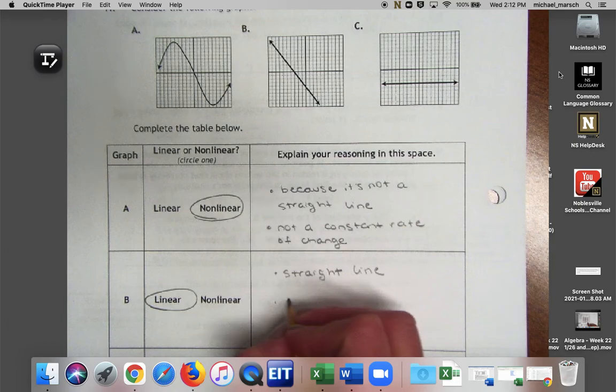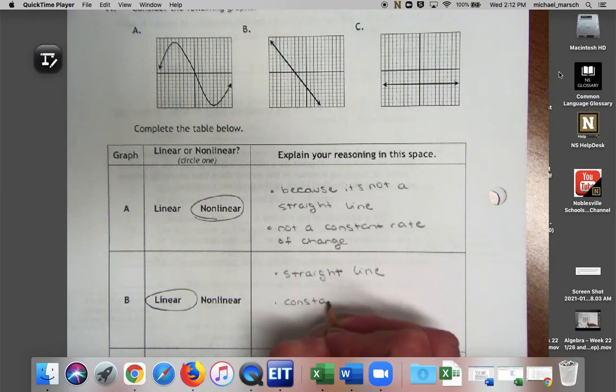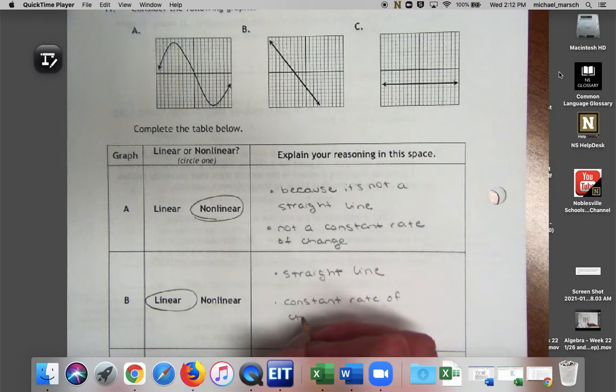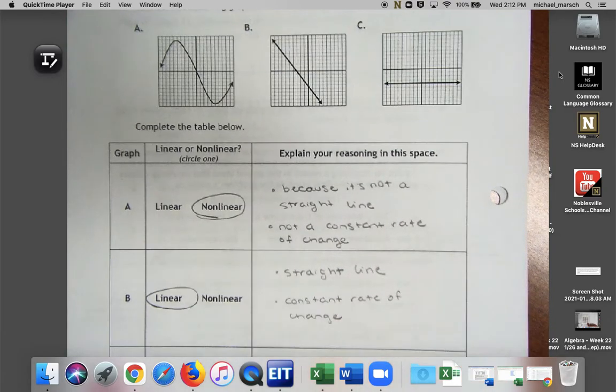Straight line, constant rate of change. What if it was like a zigzag? Is that linear or nonlinear? It depends if the line is straight. As soon as it breaks that constant straight line, it's no longer linear, because the slope is not constant anymore.